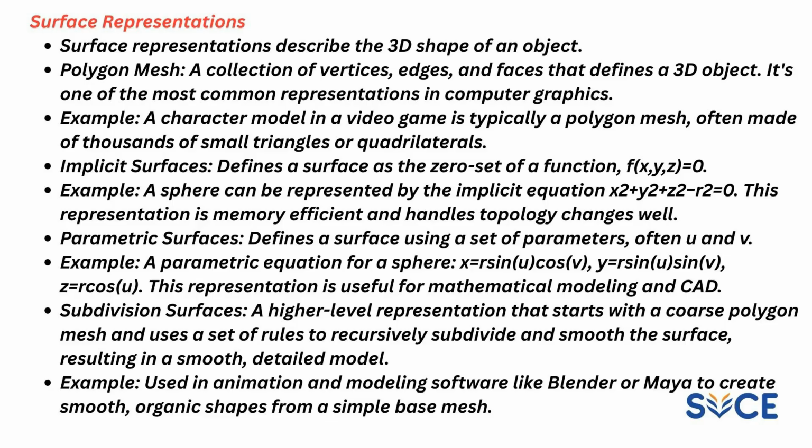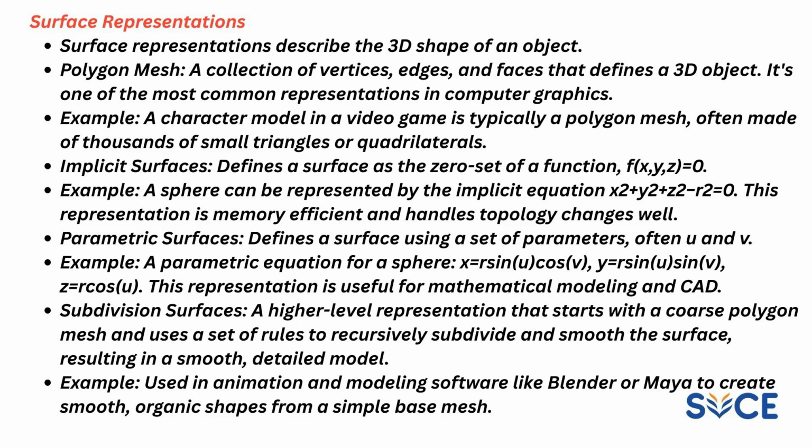This is the most widely used method, where a 3D object is built from connected polygons, usually triangles or quadrilaterals. A mesh is defined by vertices, edges, as well as surfaces.